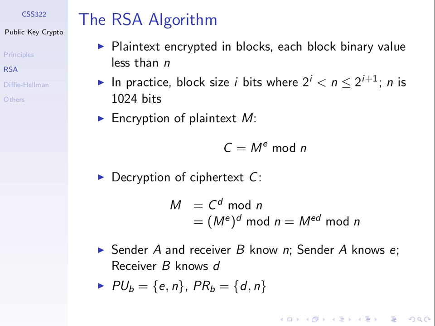Ciphertext is 11, D is 23, mod 187. What's the answer? Okay, 88. It should be anyway. Again, you could expand or use a calculator to find that, but you'll find out that the answer is 88.